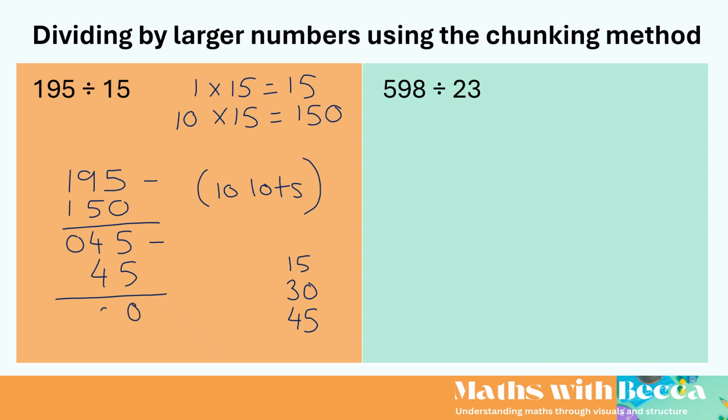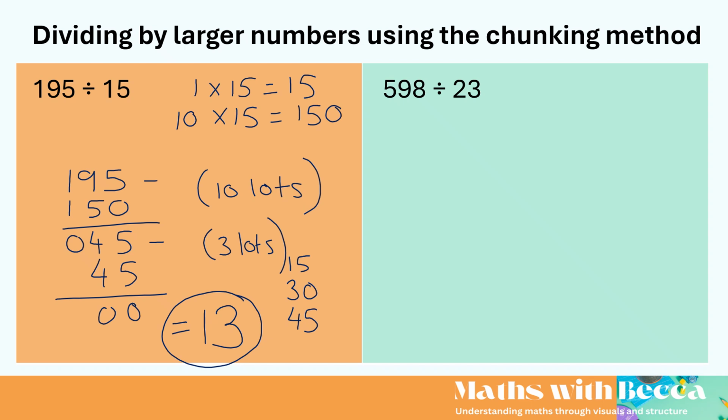That's going to get me to 0, and that was another 3 lots, wasn't it? So altogether, I got 10 lots and then another 3 lots, which means that I managed to do 13 lots of 15. But I didn't have to take away 15 at a time. I did a big chunk and got rid of that in one go. So this is another method for dividing, especially when you've got larger numbers.